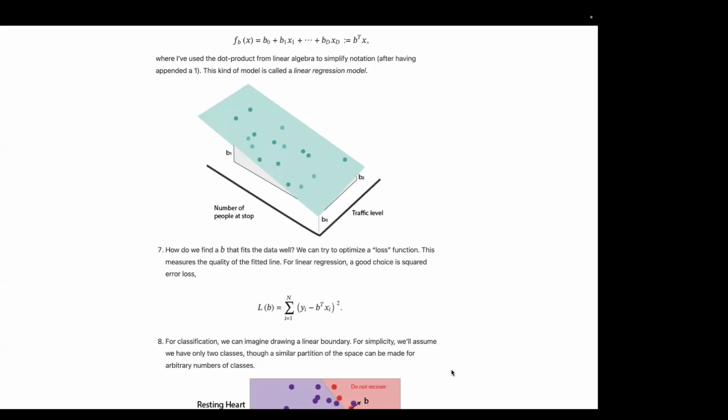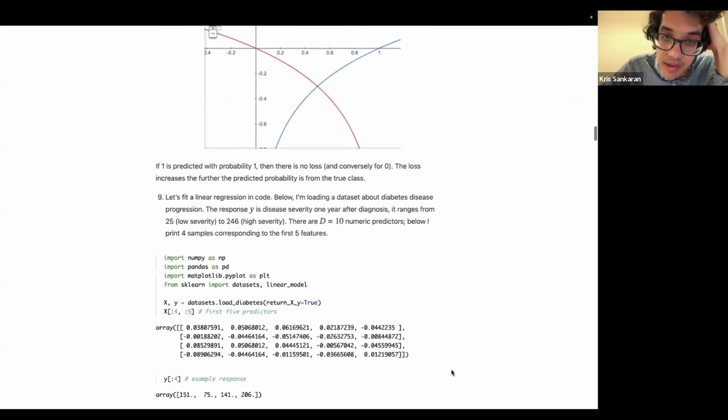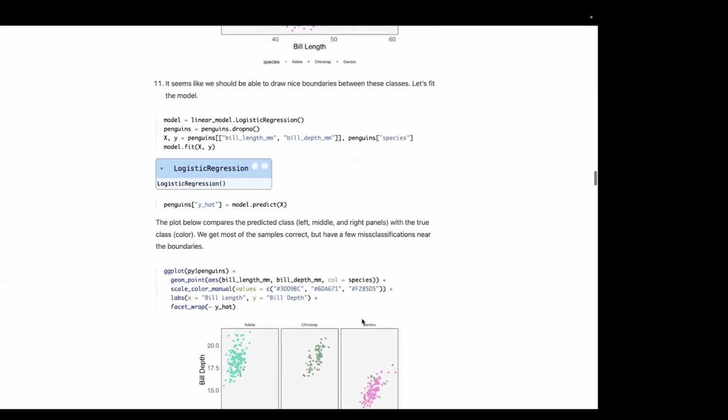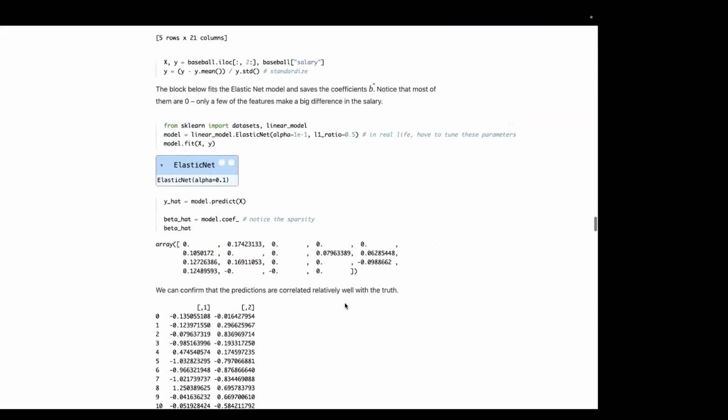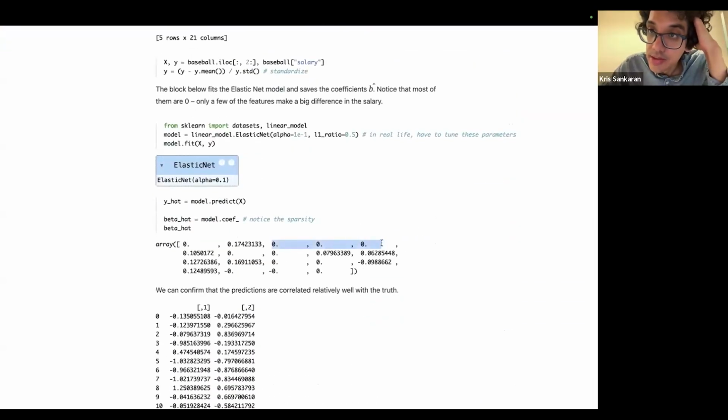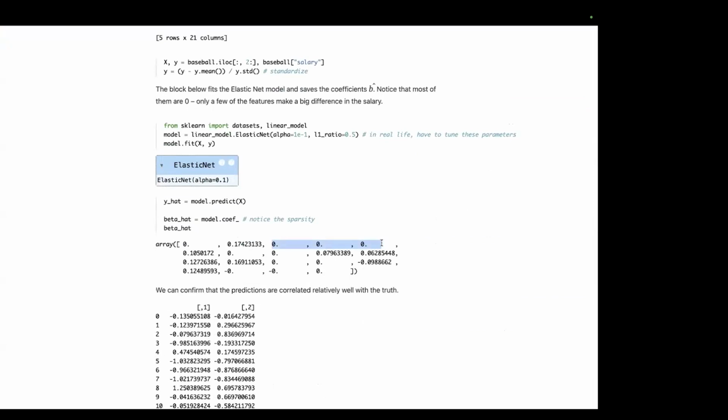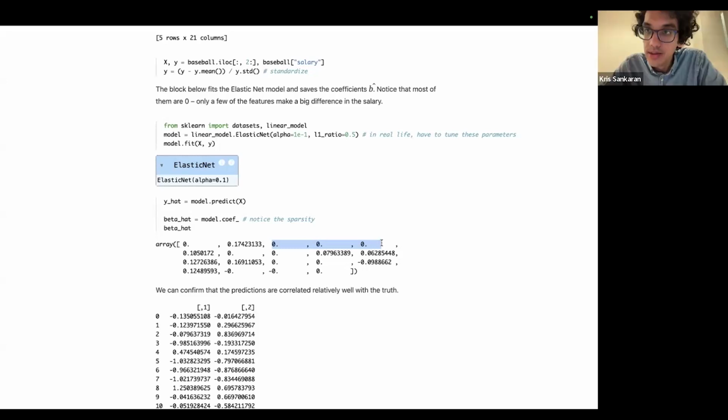How were you able to tell that from the coefficients? Like, how does it get these exact zeros? From the coefficients, you're able to say the column that has zeros all through is the feature At Bats.